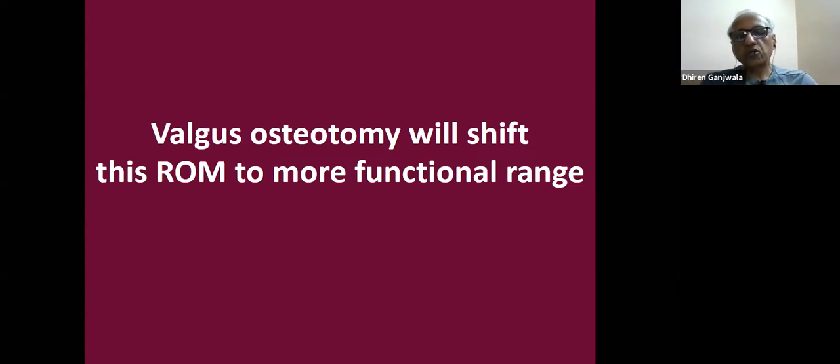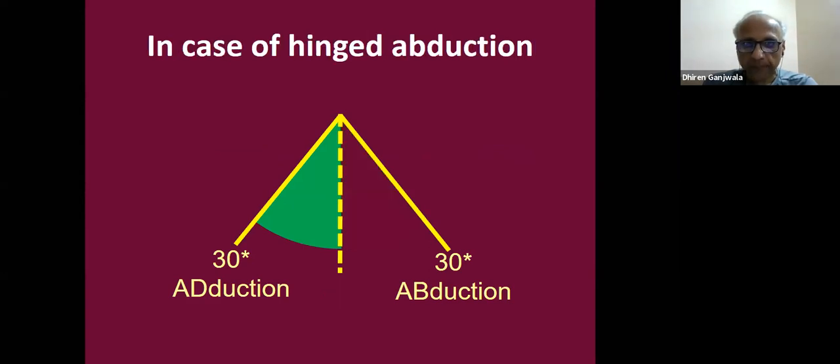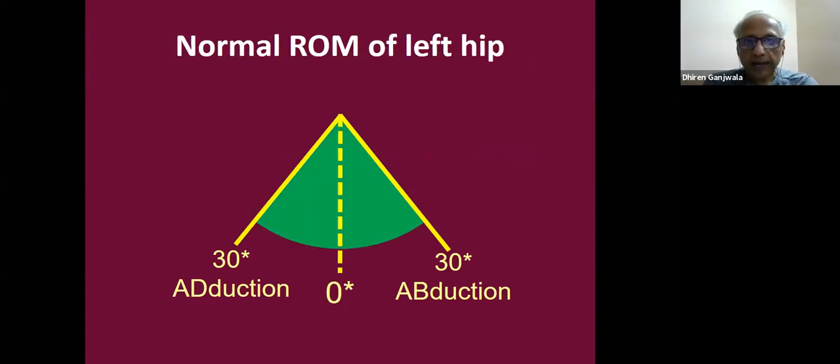To understand that concept, let us see that we are talking of the left hip. The dashed line, which is the vertical line, is 0 degree. On the left side, we see a 30-degree adduction. Now, Hitesh, can you keep the one slide back? Yeah, and then we are looking at the 30-degree abduction.